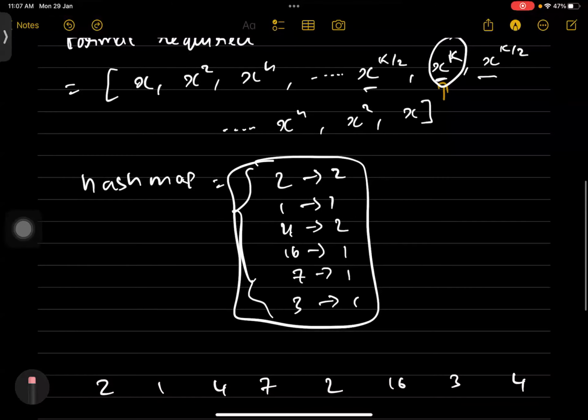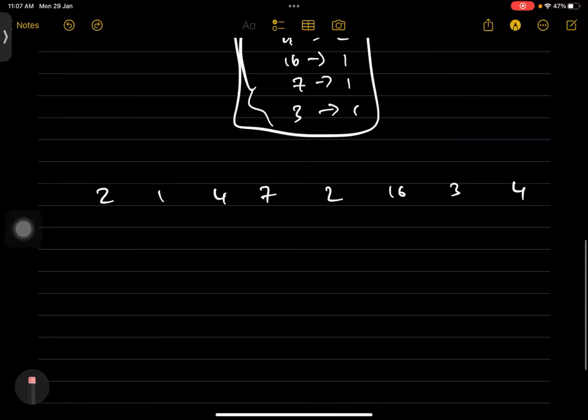So for 2, the only possible k value would be 1, so 2 can be written as 2 power 1, and we cannot have any values adjacent to it. So with 2, the only possible array subset will be of size 1.